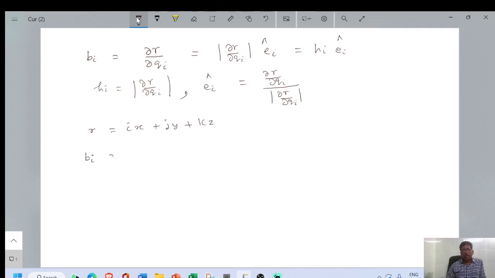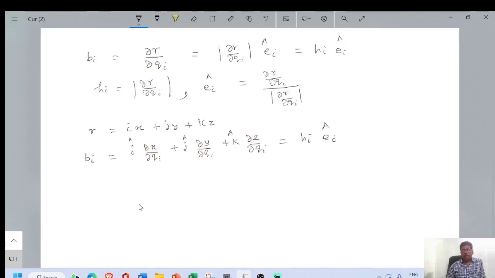Now b_i equal to ∂r/∂q_i, that is i ∂x/∂q_i plus j ∂y/∂q_i plus k ∂z/∂q_i. Therefore we have expressed b_i in terms of Cartesian coordinates. This is equal to h_i into e_i cap.